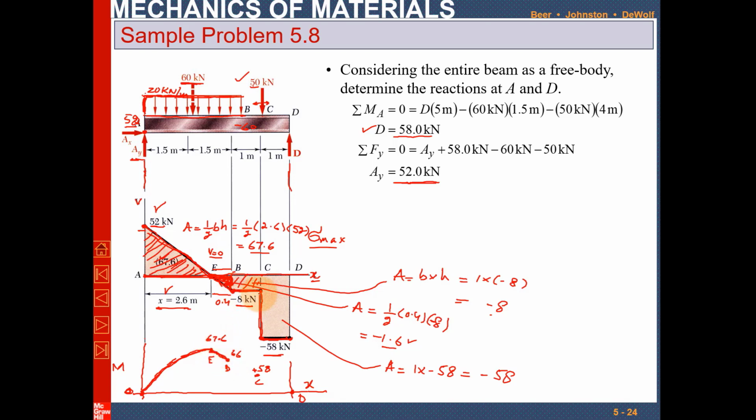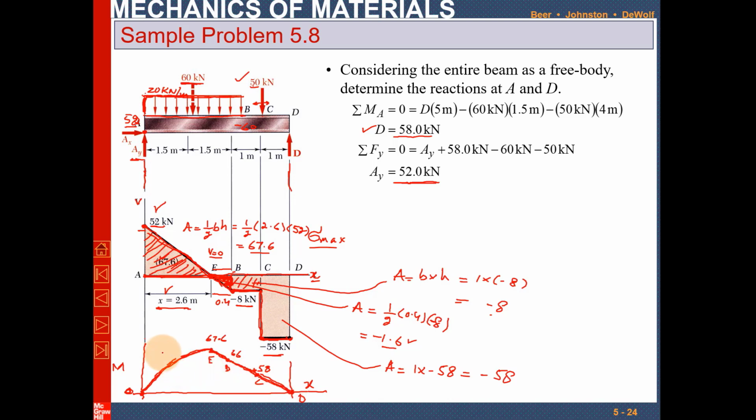Now from point B to C, it is a constant line with 0 degrees, so the bending moment line between B and C will be a straight line. And from C to D, again it is a constant line, so it will again be a linear line.